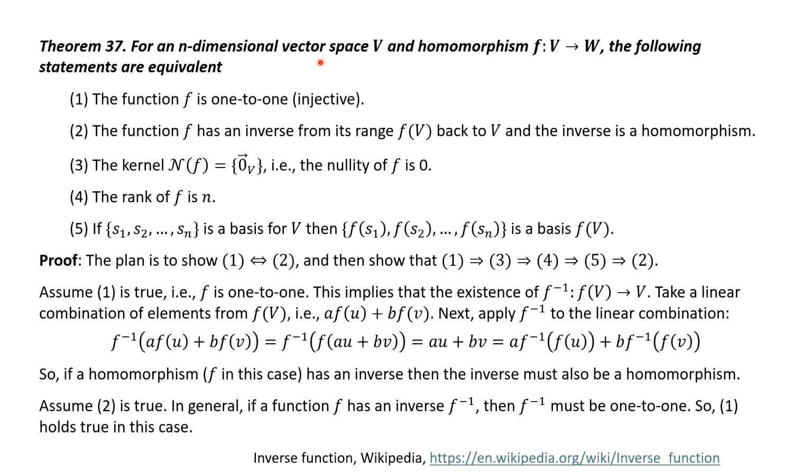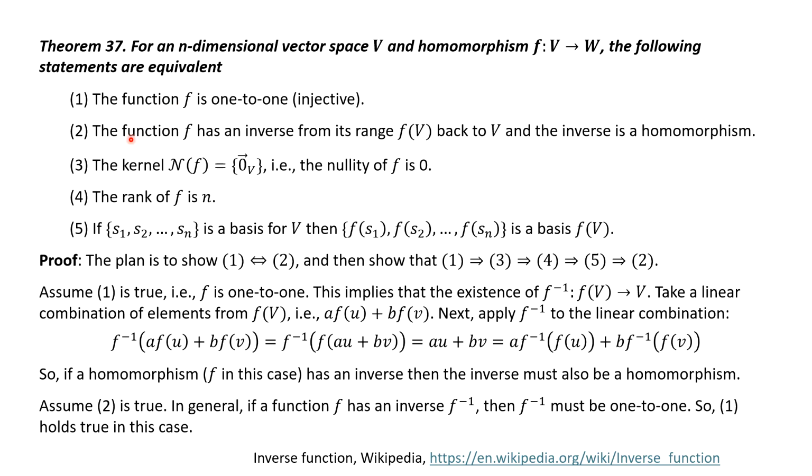For an n-dimensional vector space V and homomorphism F from vector space V to vector space W, the following statements are equivalent. The function f is 1 to 1. Keep in mind a homomorphism doesn't require this, so this is an additional condition.